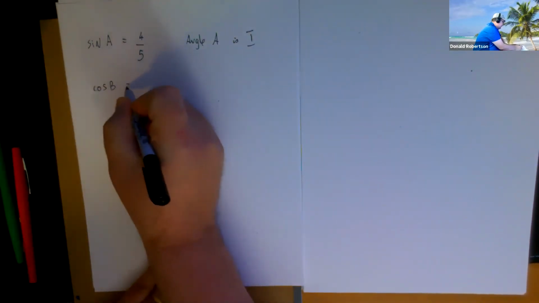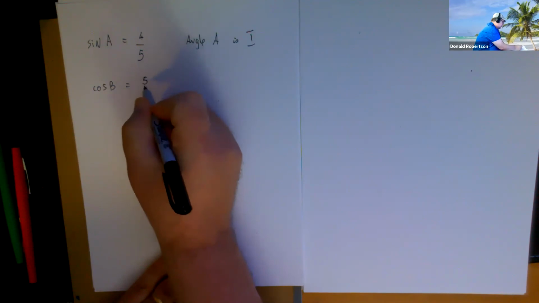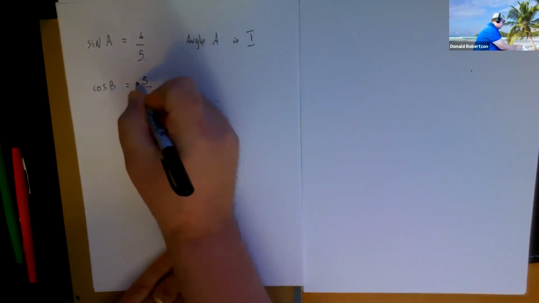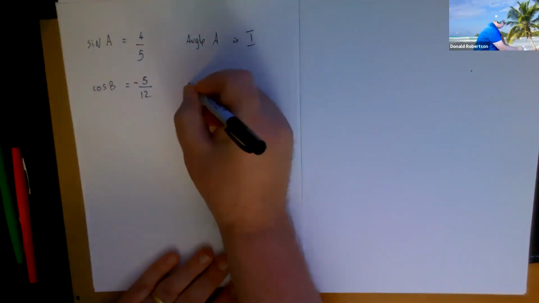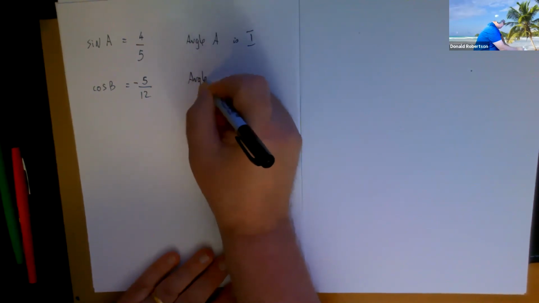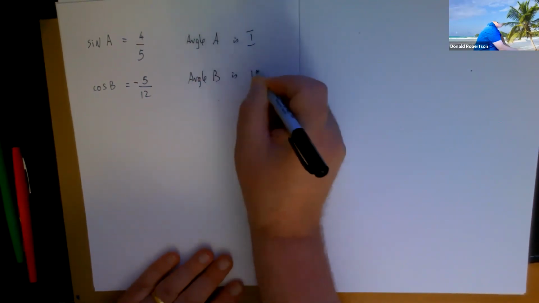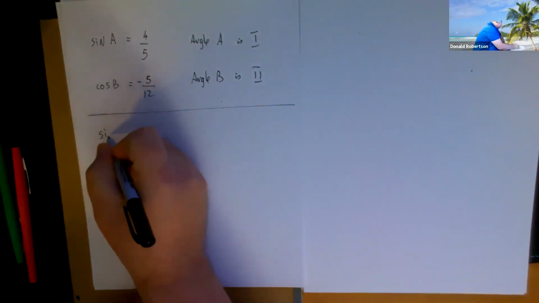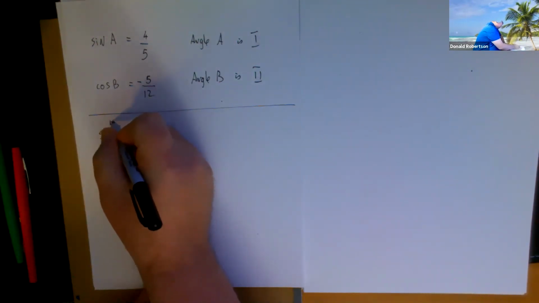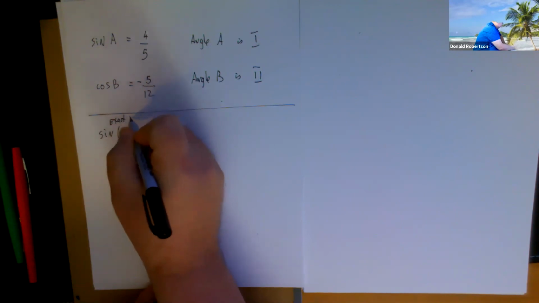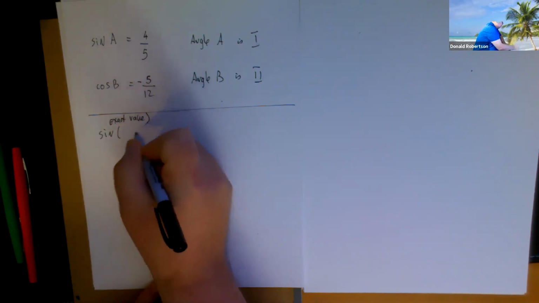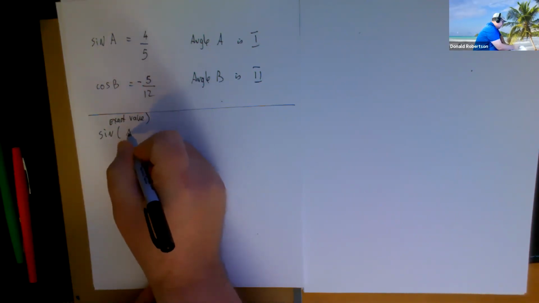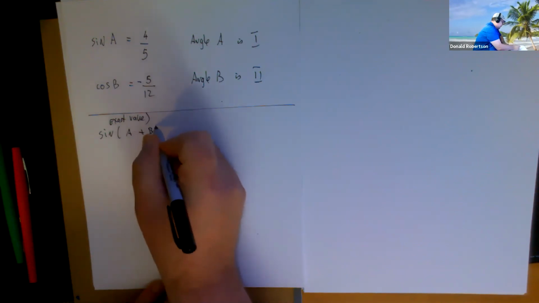Cosine of B is going to be 5/12. No, make it negative 5/12. And angle B is going to be in the second quadrant. And we're being asked to find the exact value of the sine of A plus B.